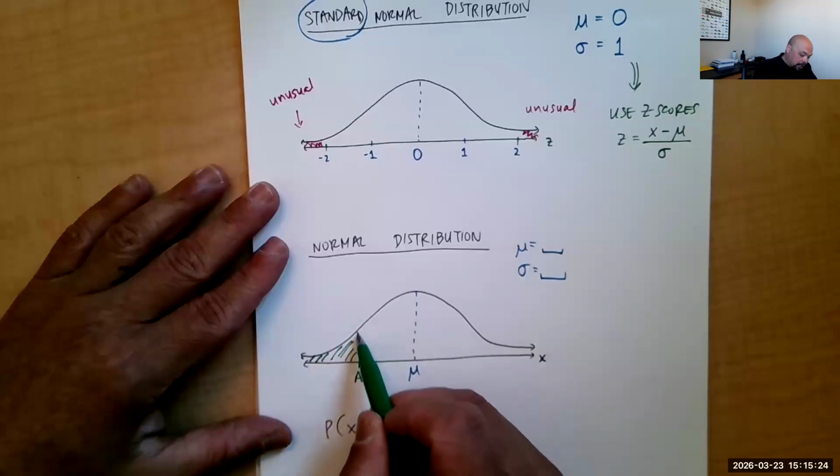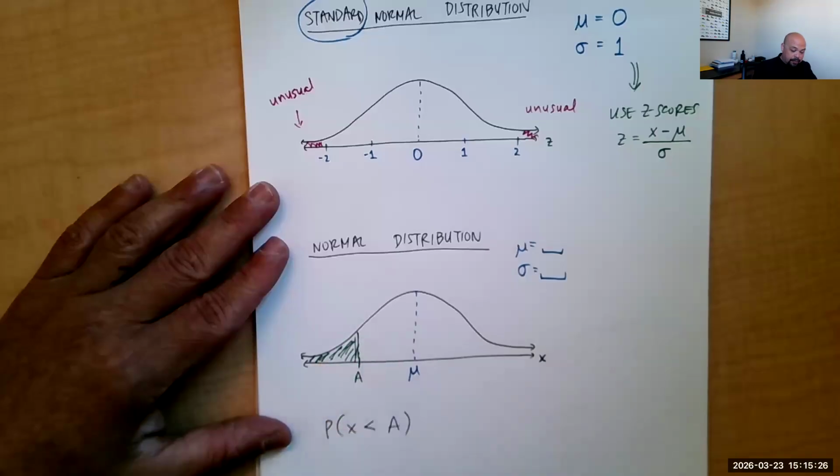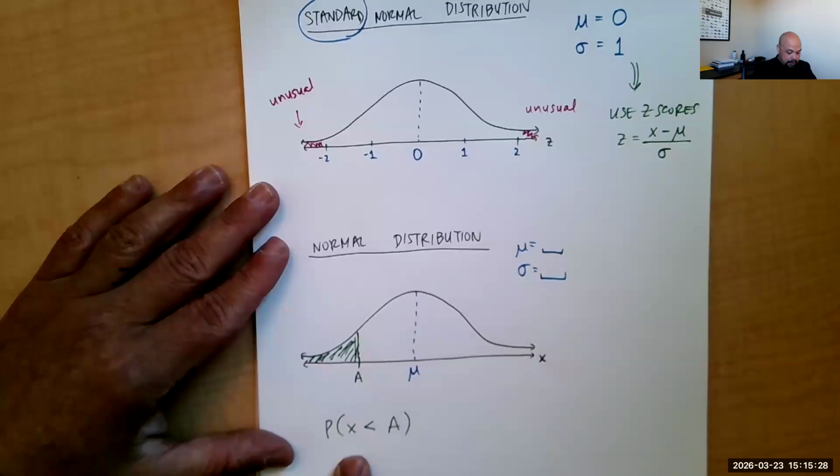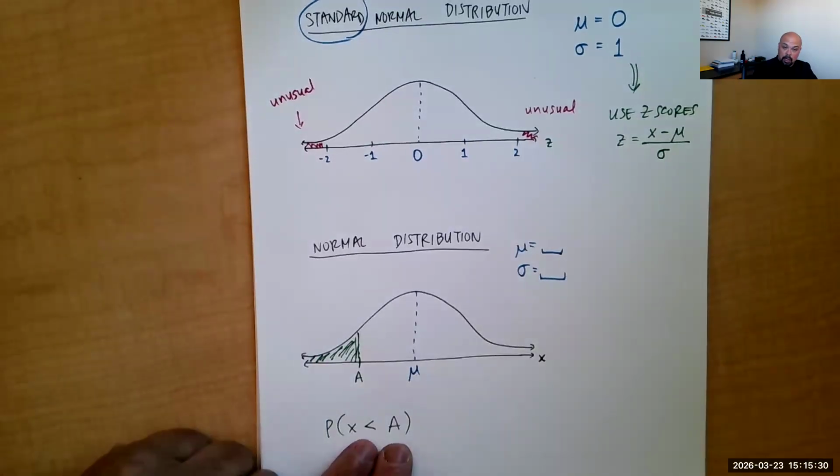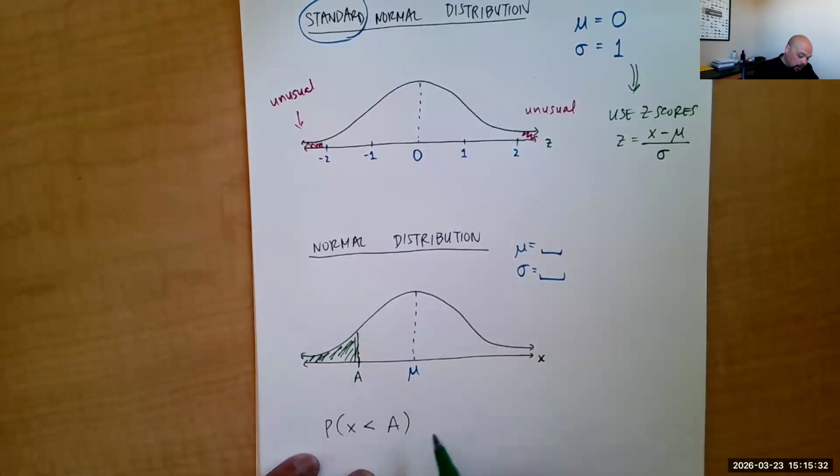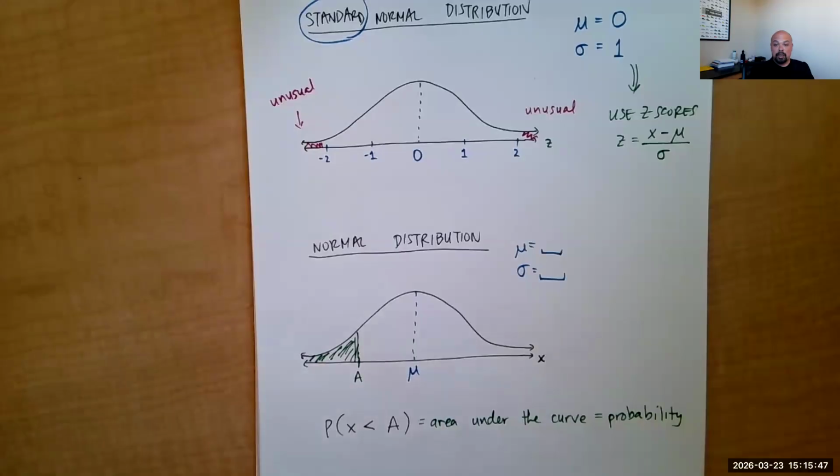But now that inequality, that statement, trying to find this probability that the value we pick, this value from our population is smaller than this value a, right? We're looking at that area under the curve. And that area on the curve, that corresponds to our probability. And that's the key idea that we're starting to implement with our normal distribution.